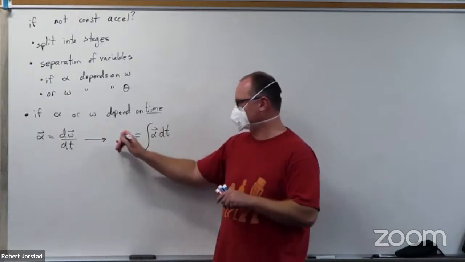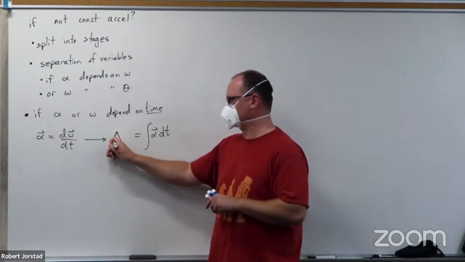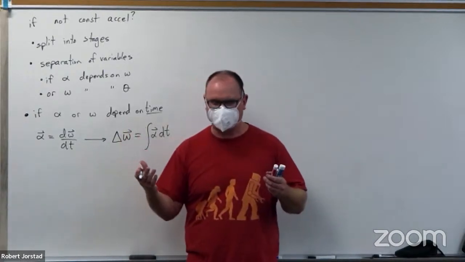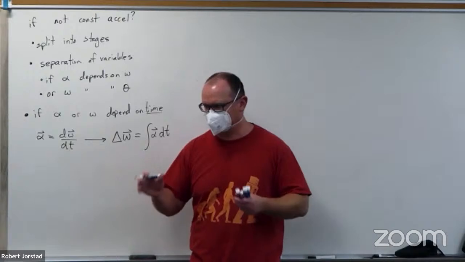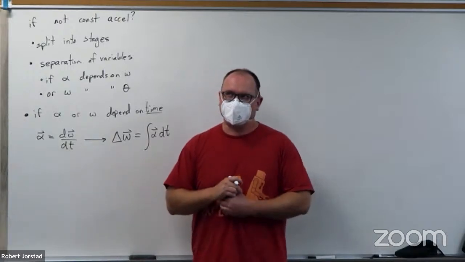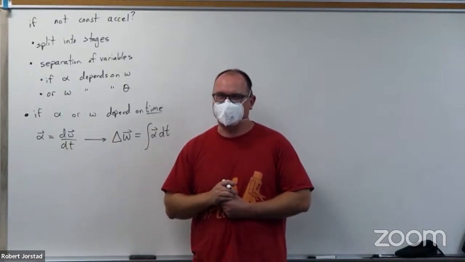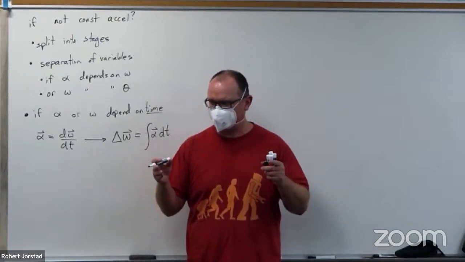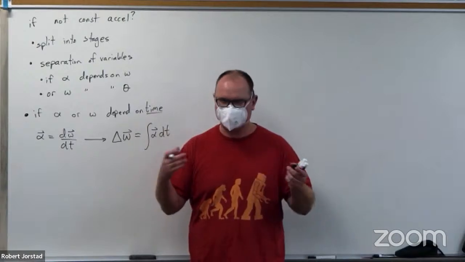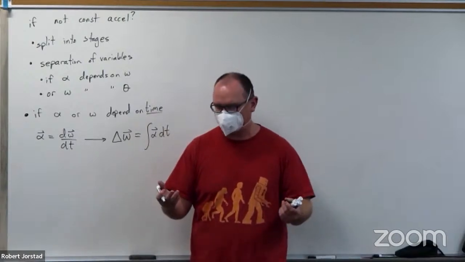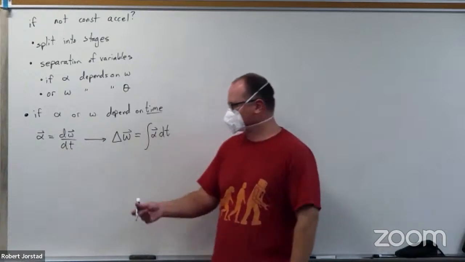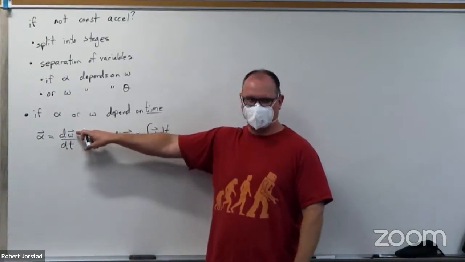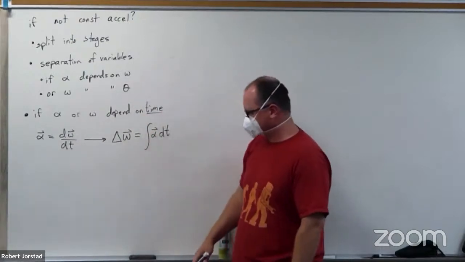Not quite. It was change in omega. Remember that? The area under the curve was not omega, but the change in omega. Or the area under a VT curve was the change in X. It wasn't X. Do you remember that from chapter 2? Or the area under the AT graph was the change in velocity. But whatever, there's a change in there because you'd integrate this and you'd have an omega initial to omega final. Okay.